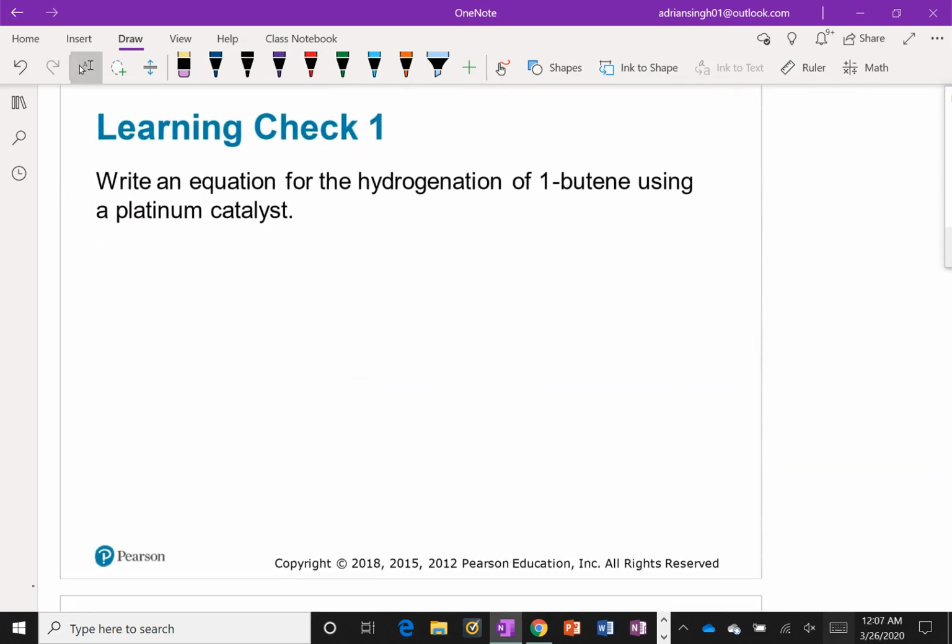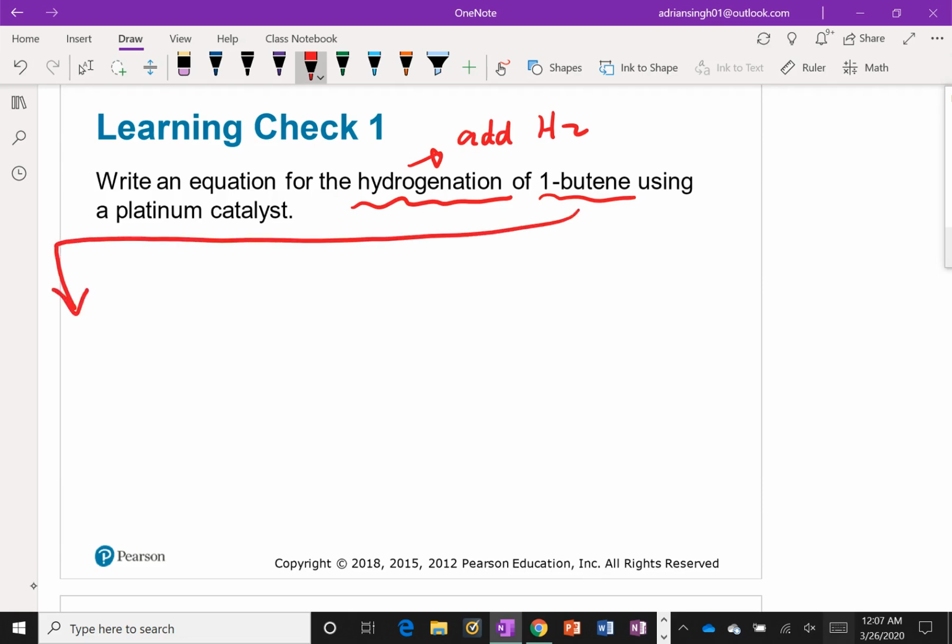All right, so let's see here. It says write an equation for the hydrogenation. Hydrogenation means we're going to add hydrogen to 1-butene using a platinum catalyst. So 1-butene, what does that look like? Well, but means 4 carbons. Ene means alkene.